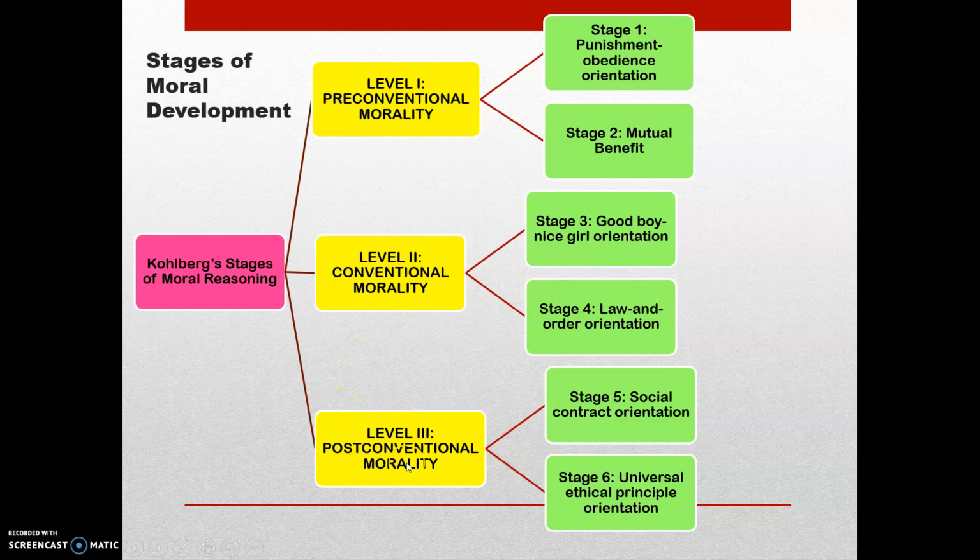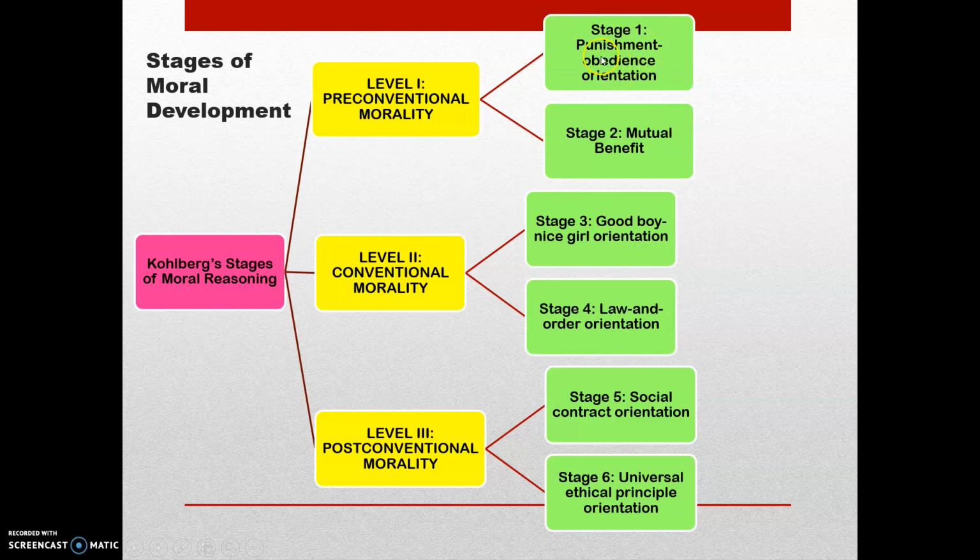For the third level, the post-conventional morality, it involves stage 5, the social contract orientation, and stage 6, the universal ethical principle orientation. Now let's talk about what each stage is all about.